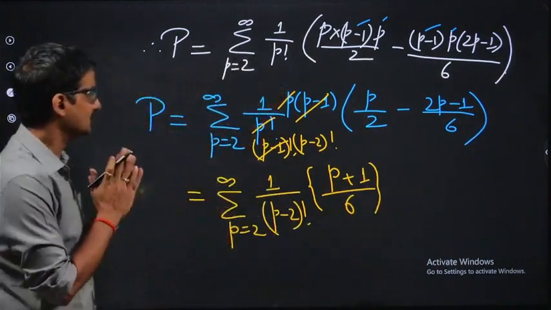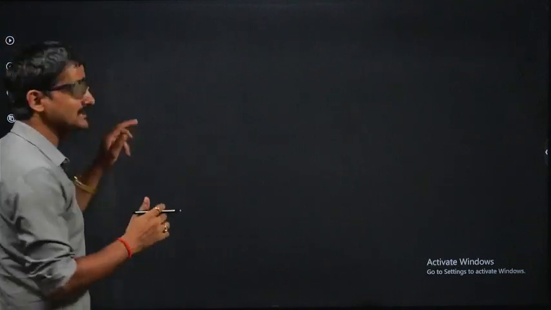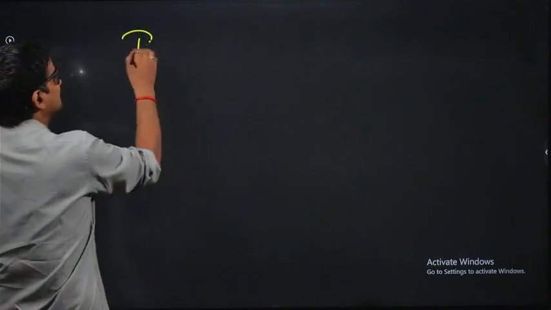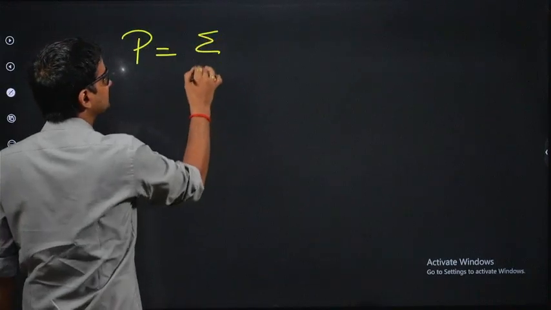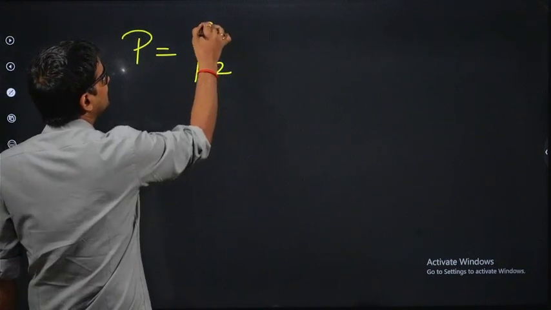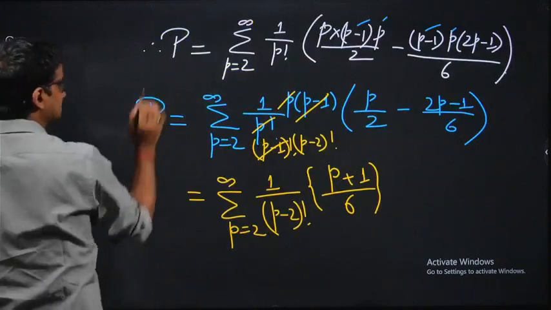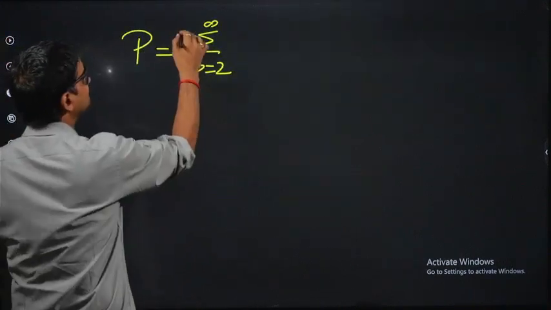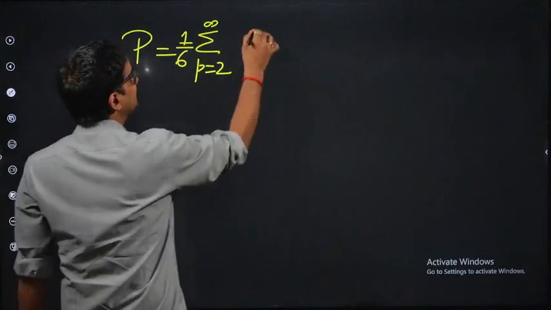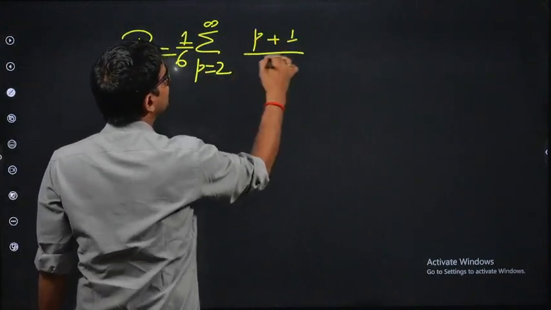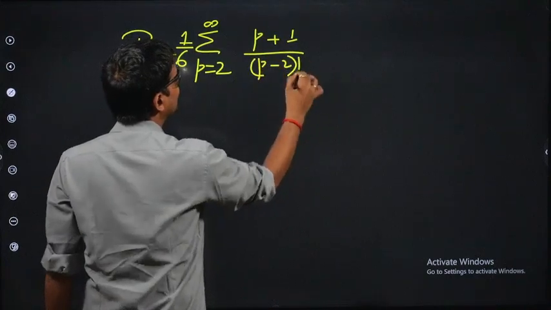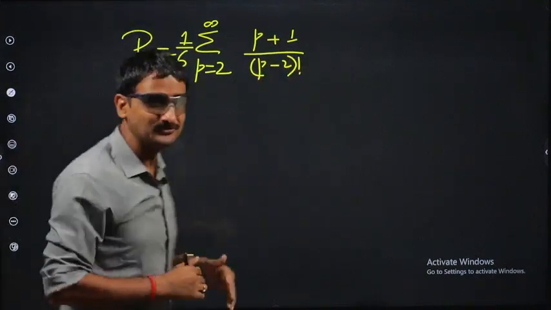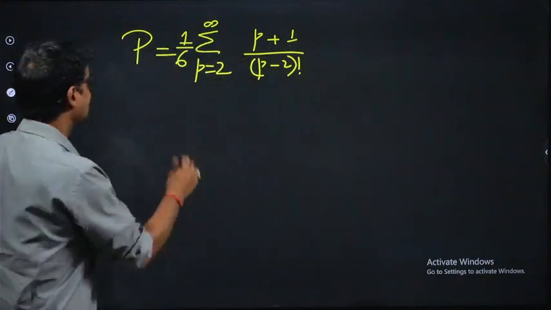So where have we reached? We reached the point where it's simply (p plus 1) upon (p minus 2) factorial, and 1 by 6 we can take out. Now which series will help us?